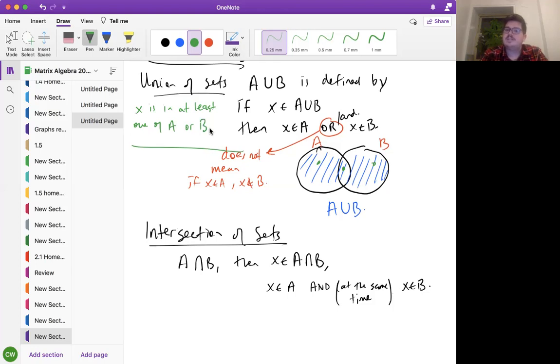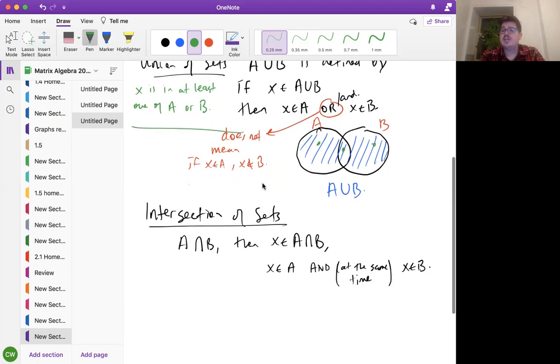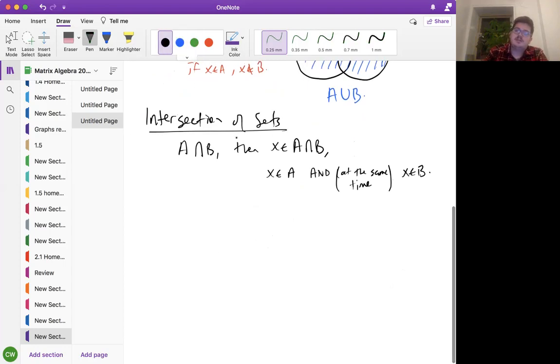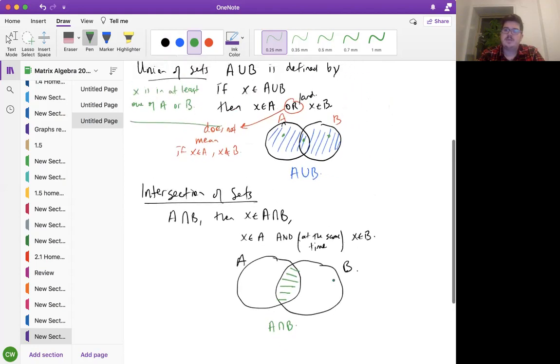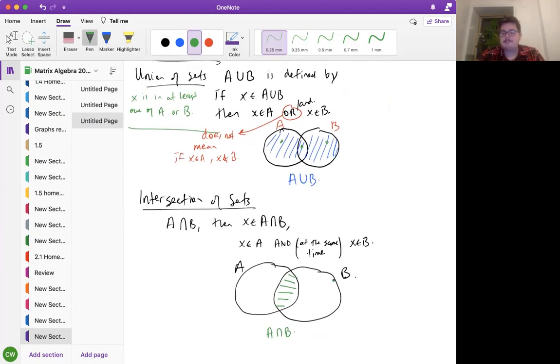So that's what we mean by or. It could be in both, that's fine, but it needs to be in at least one of A or B. The intersection needs to be in both. It needs to be in A and it needs to be in B. So if you have A here and B here, that stuff is A intersection B. Okay, questions about union and intersection?